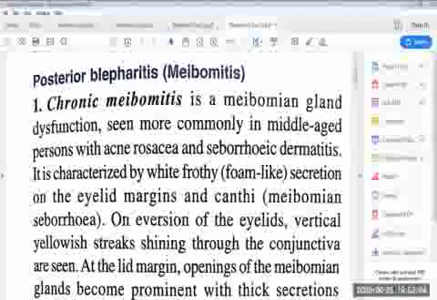What is chronic meibomitis? It is a meibomian gland dysfunction seen more commonly in middle-aged persons with acne rosacea and seborrheic dermatitis.